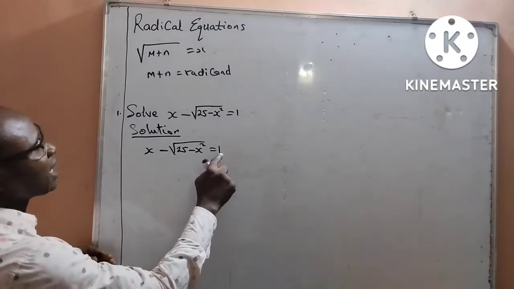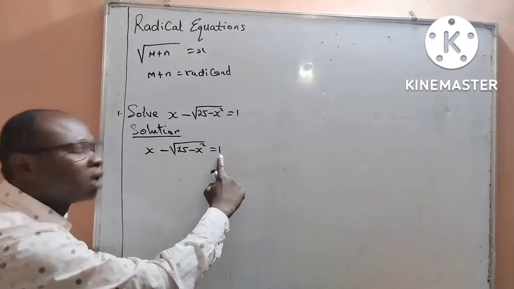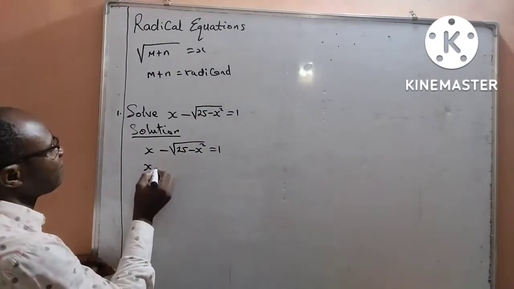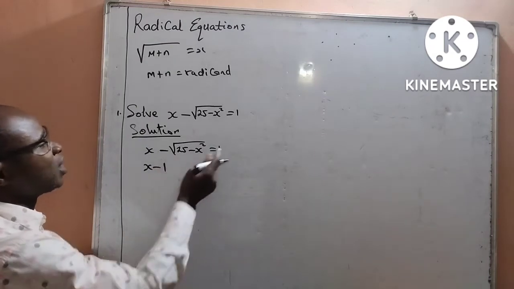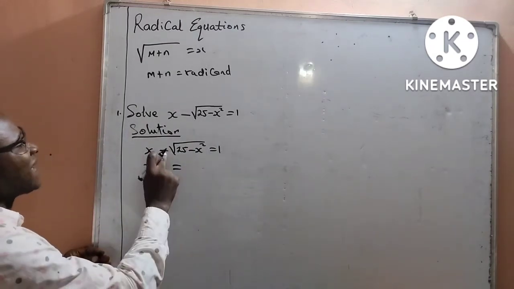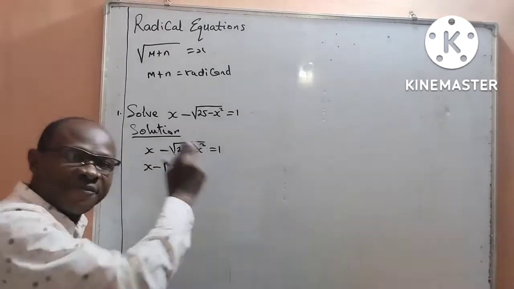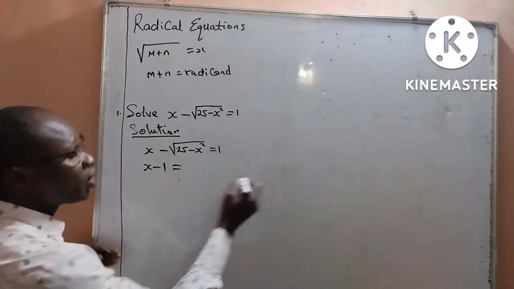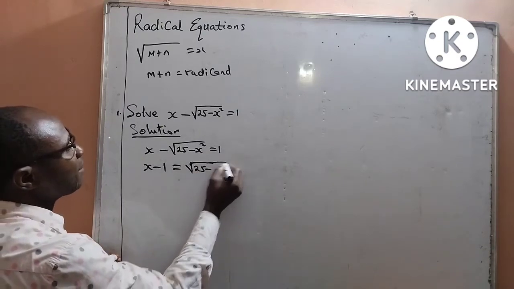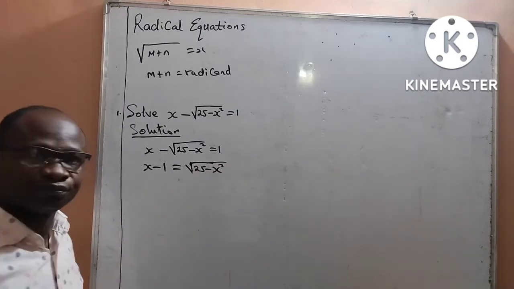I will move this 1 from the right hand side to the left hand side, and that will give me x minus 1. That is crossing over, it becomes negative. Whereas minus square root of 25 minus x squared will now come to the right hand side to become square root of 25 minus x raised to the power 2.